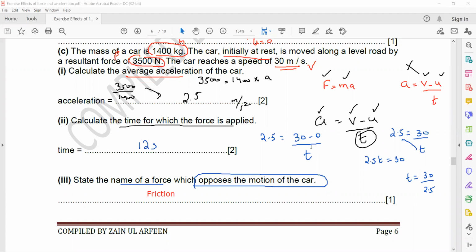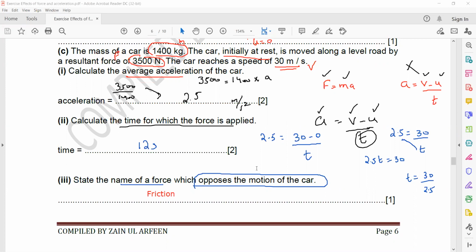Discussion, part C. The reason why you cannot write resultant force is that the resultant force does not always oppose the motion.